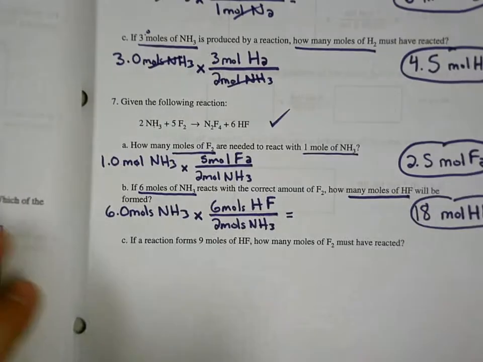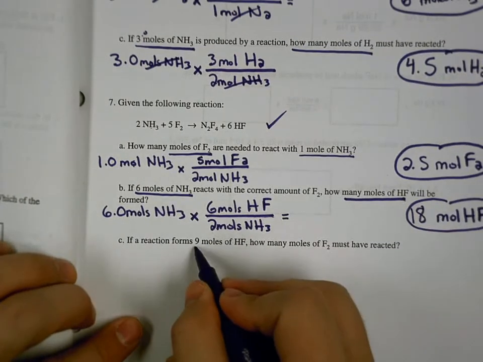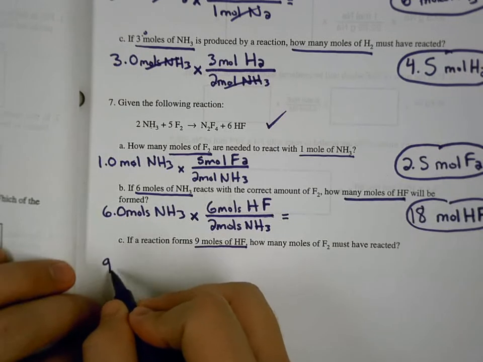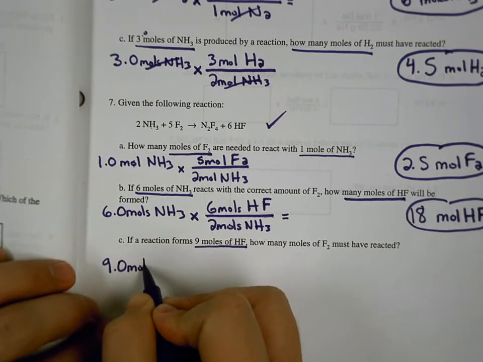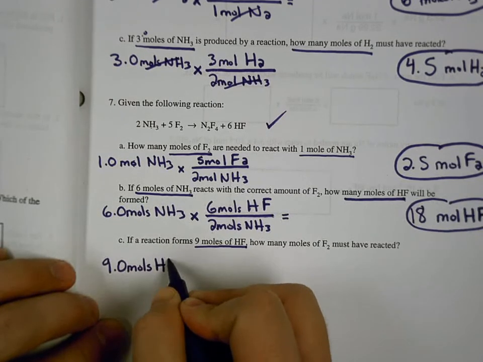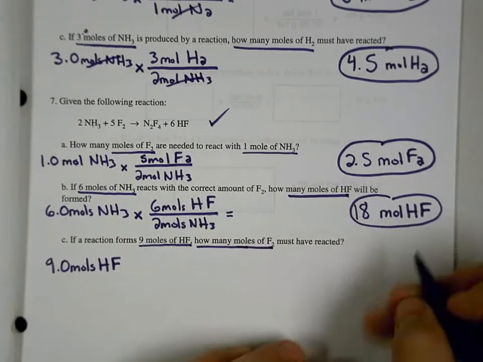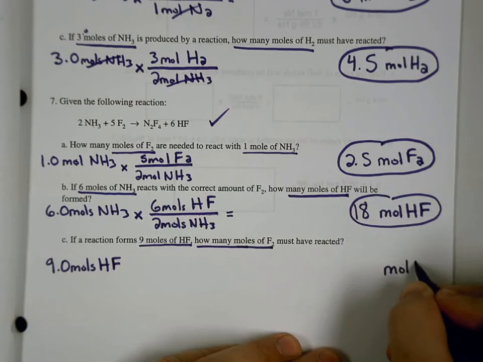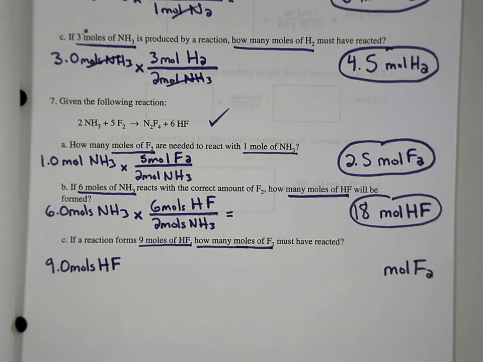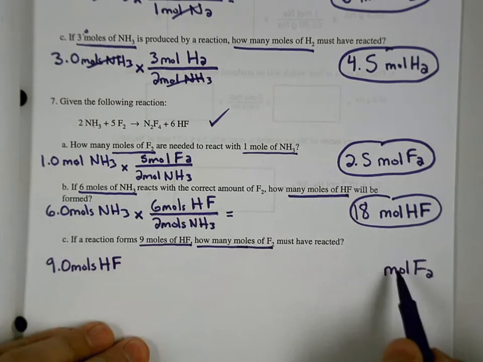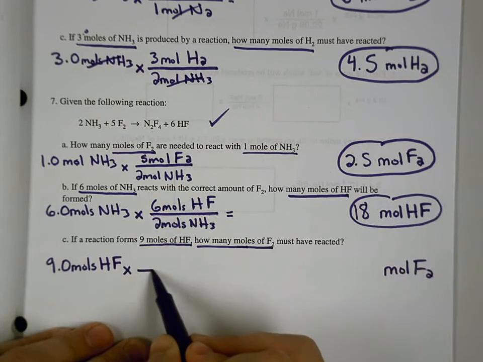Okay, last one. If a reaction forms 9 moles of HF, again, that's our given information. How many moles of F2 must have reacted? There's our question. Okay, we're going from moles to moles. Again, it's one step.